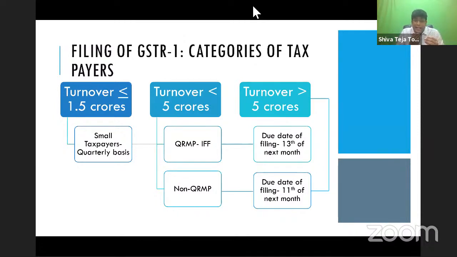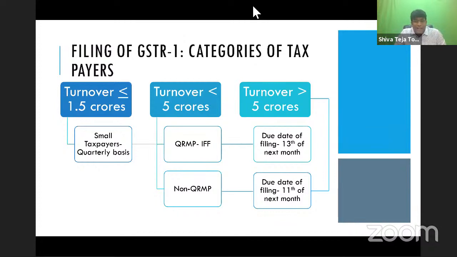And the reason it is important to regard them as small taxpayers is because the law has specified that those persons whose turnover does not exceed 1.5 crores, instead of filing their GSTR1 on a monthly basis, can file their GSTR1 on a quarterly basis. And the due date is the 13th of the month following the end of the quarter. I repeat, the due date is the 13th of the month following the end of the quarter.